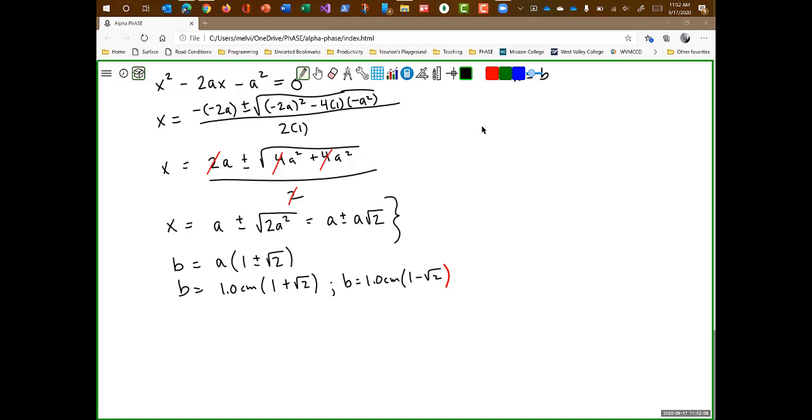And I guess I could pull out the calculator that's actually on the computer, unless you guys are about to. Okay, 2.4 centimeters and 0.41 centimeters.